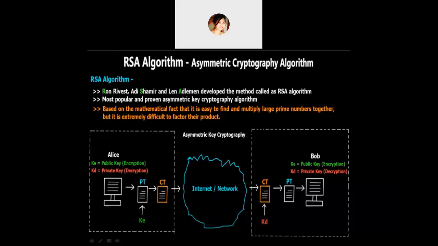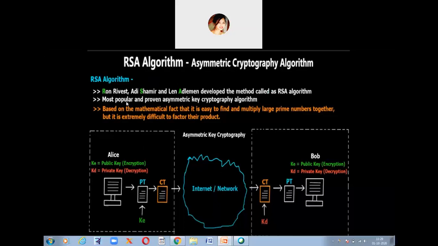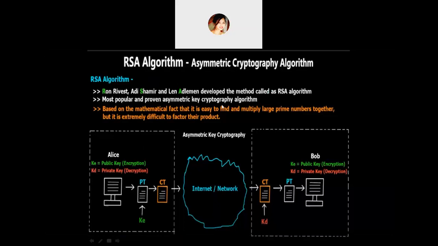These systems have been prevalent for a long time. Ron Rivest, Adi Shamir and Len Adleman developed the RSA method, and it is the most popular and proven asymmetric key cryptography algorithm to date.